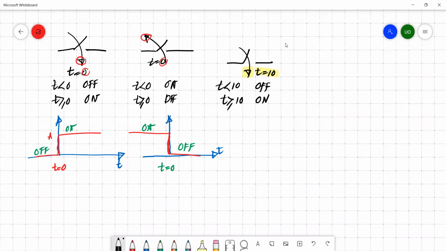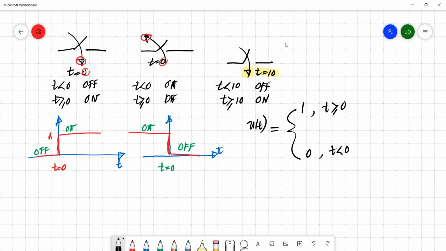We define our unit step function u(t) like this. The value of u(t) is 1 when t is greater than or equal to 0, and 0 otherwise.